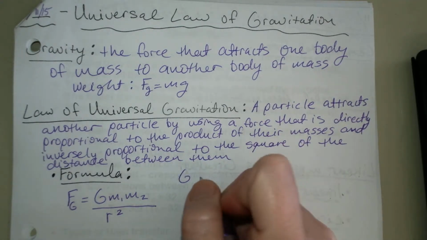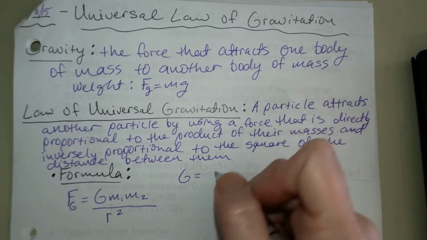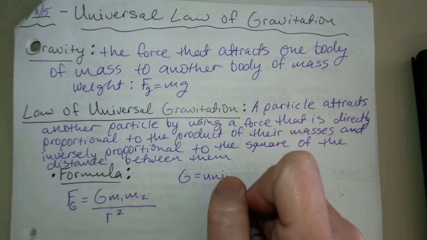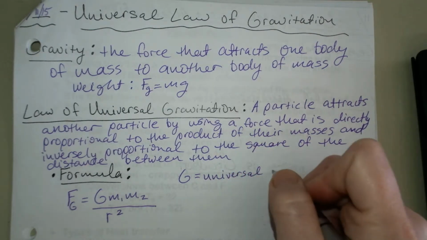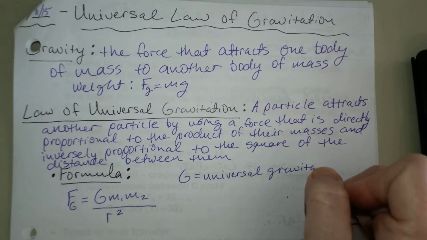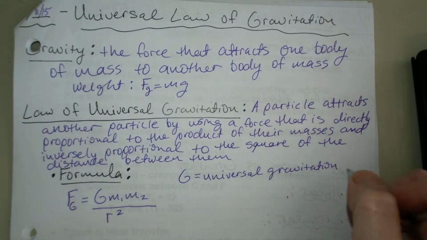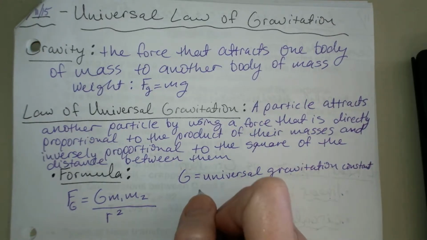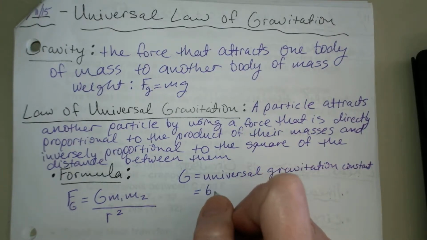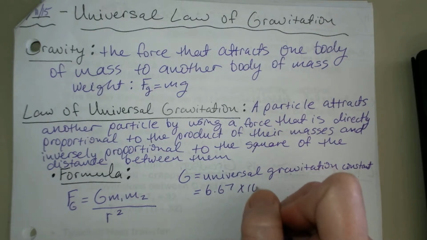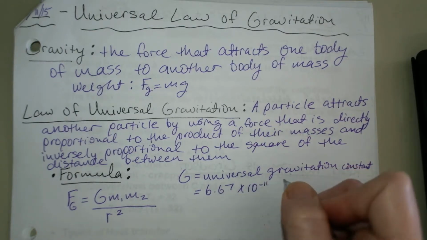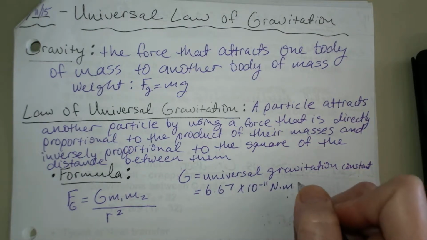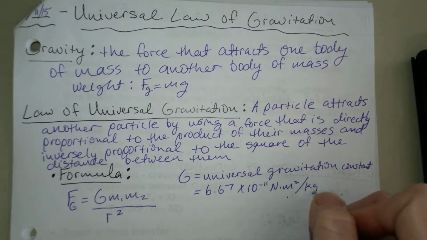So big G is the universal gravitation constant. Big G is equal to 6.67 times 10 to the negative 11th Newton meter squared per kilogram squared.